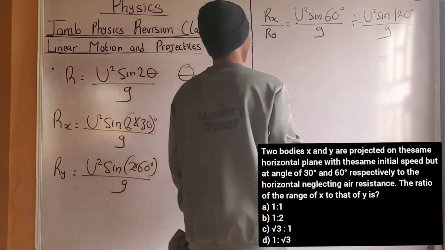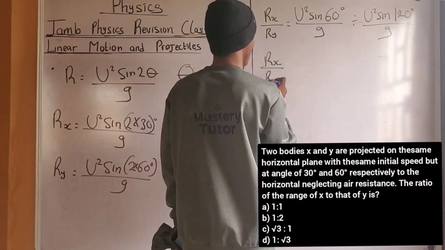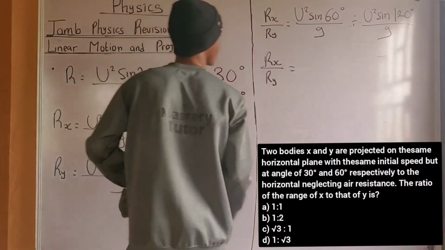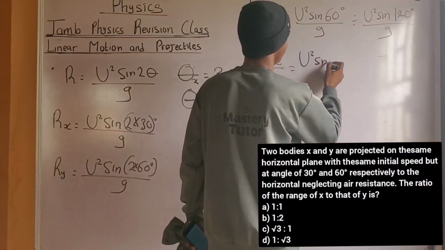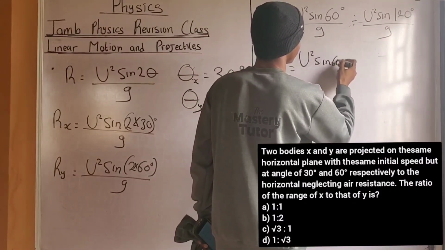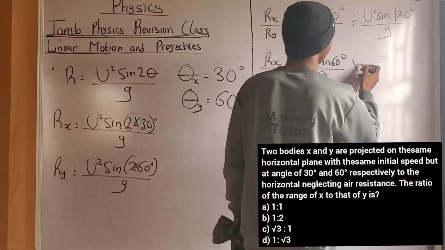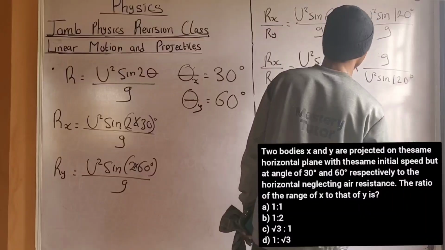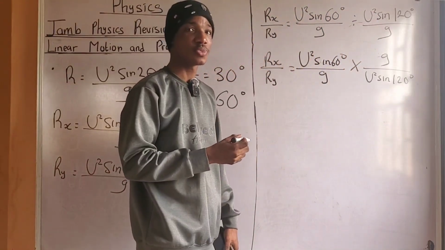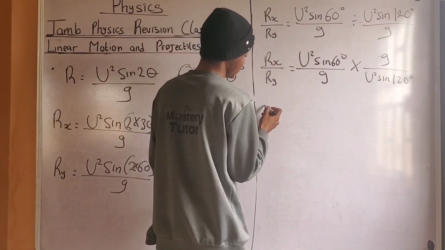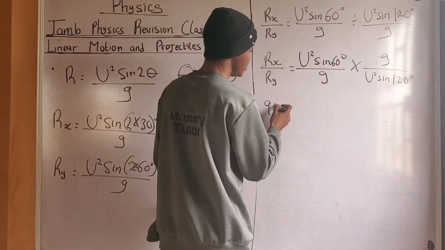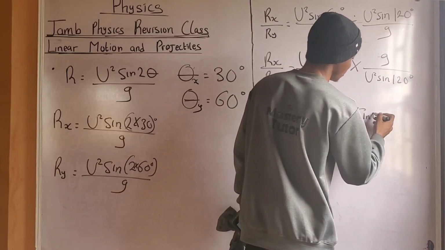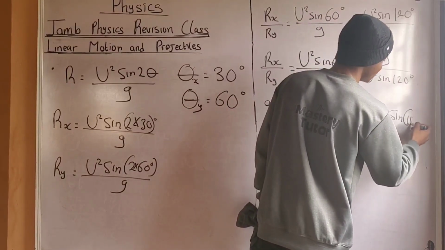Now Rx divided by Ry will be equal to U squared sine 60 degrees all over G multiplied by G over U squared sine 120 degrees. Now based on quadrants, you know that for 90 degrees less than theta less than 180 degrees, sine theta is equal to sine of 180 minus theta.